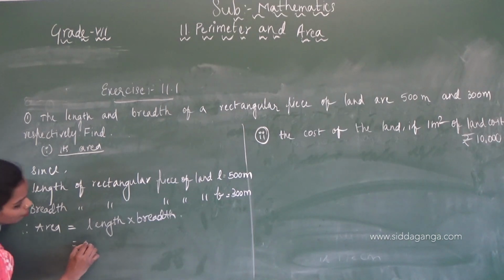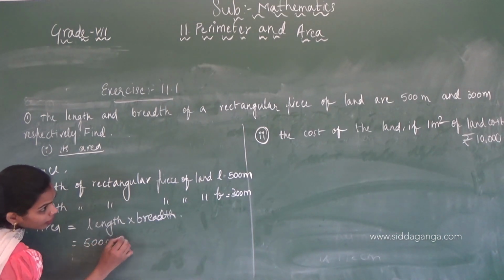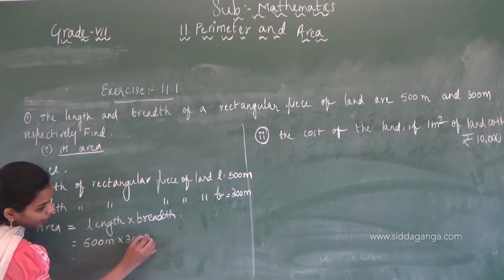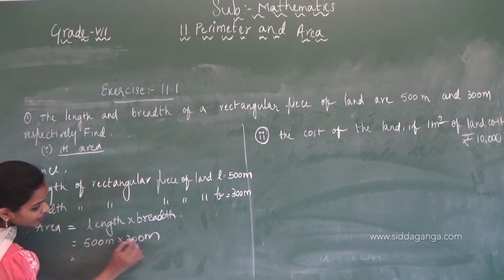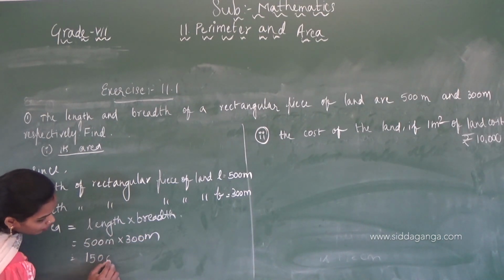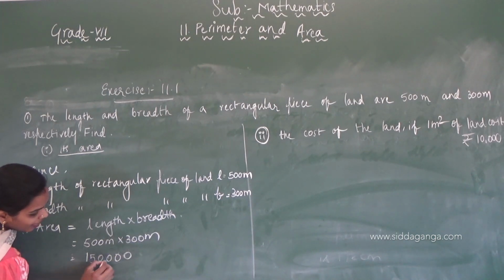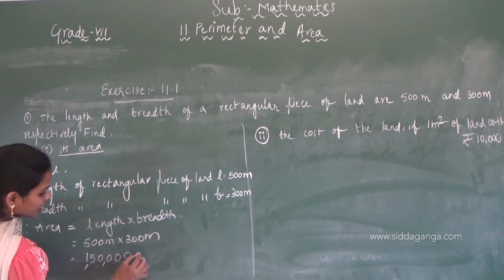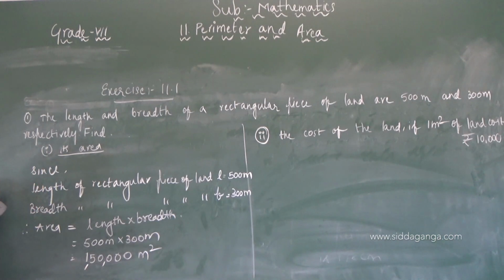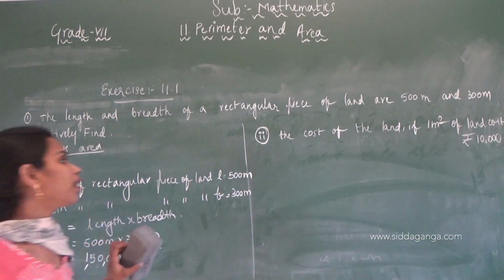What is length? 500 meters into 300 meters. 5 3s are 15. 1,50,000 square meters. 1 lakh 50 thousand square meters.